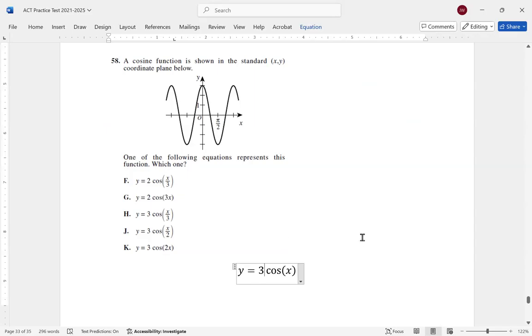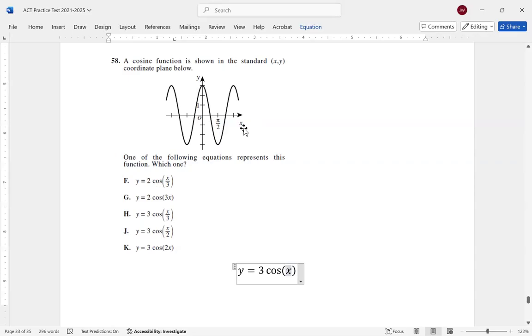That's multiplying on the outside by 3. Now the period of cosine, meaning how long it takes to get from this point back up to the same height, normally is 2 pi. Now, as we can see, the period is pi. So we've cut the period down by a factor of 2.